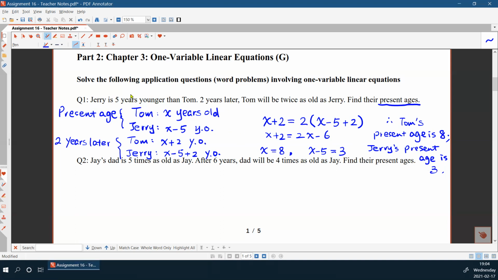Okay, so the first condition is met. 2 years later, Tom would be 10, right? And Jerry would be 5. And Tom will be twice as old as Jerry. So 10 is twice of 5. So the second condition is met. So this result is verified.